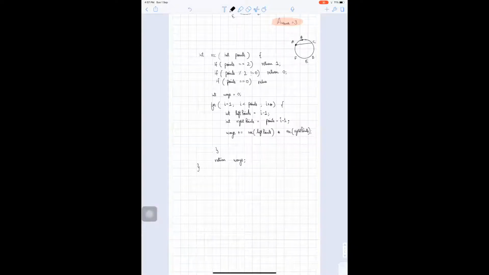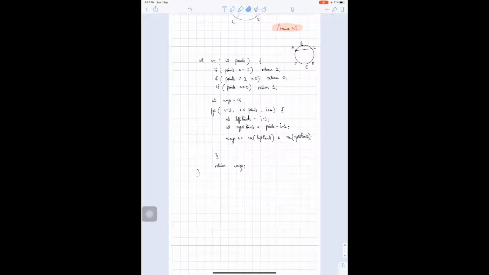In fact, we should return 1. Why? Because there is a multiplied sign. Anything multiplied by 0 becomes 0, but that is not the case for us. We are actually then going to rely on the other thing, right? So this is our normal brute force solution.